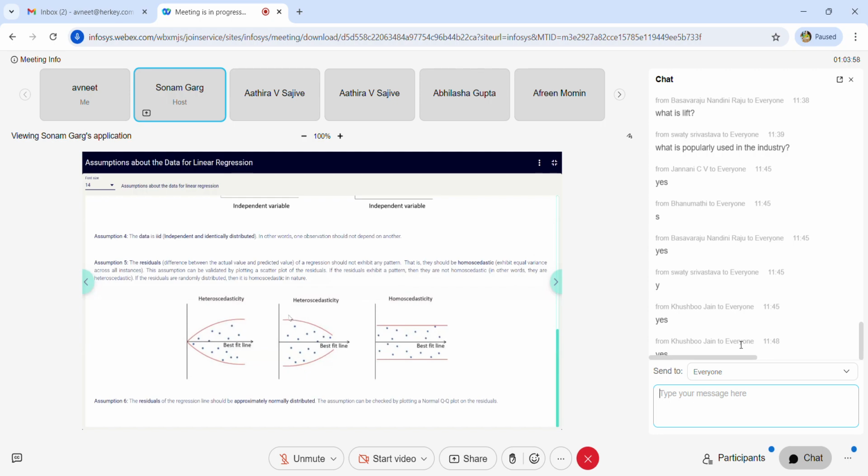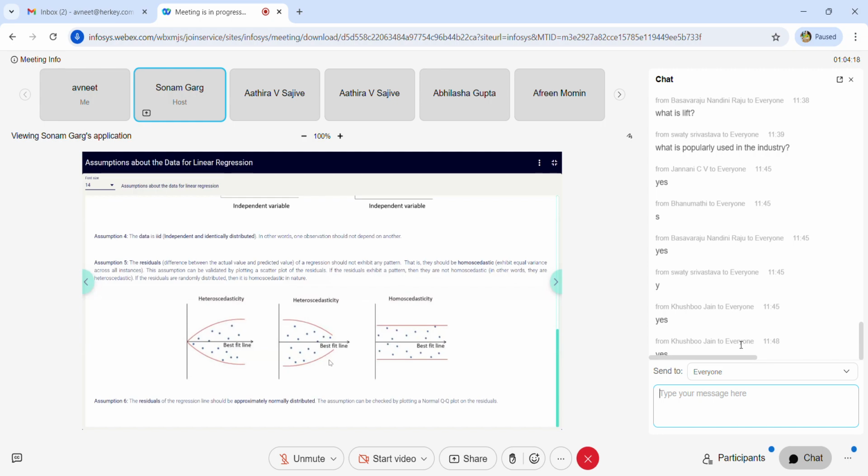The next assumption, which we have already discussed in the previous sessions, is the normal distribution of data. The residuals, that means the errors of the regression line when you fit it, after your regression, when you fit the model, those residuals should be approximately normally distributed.